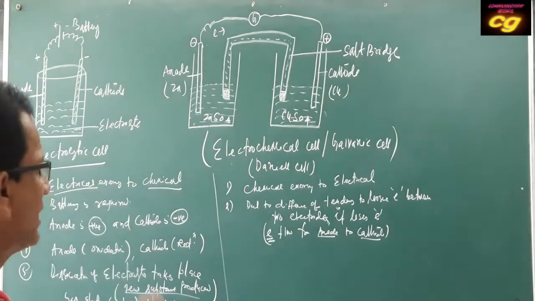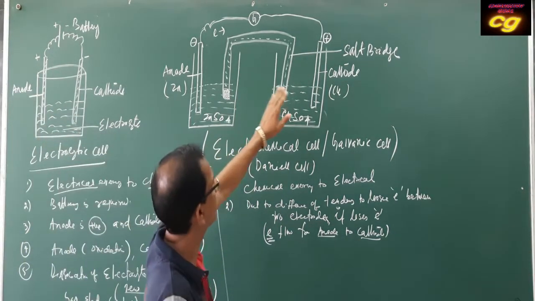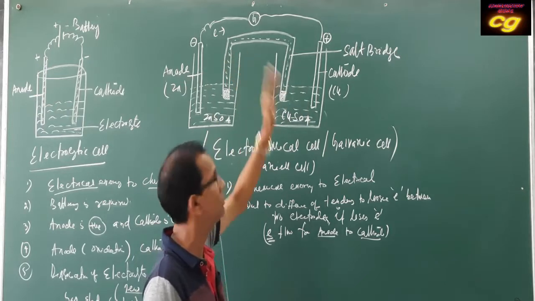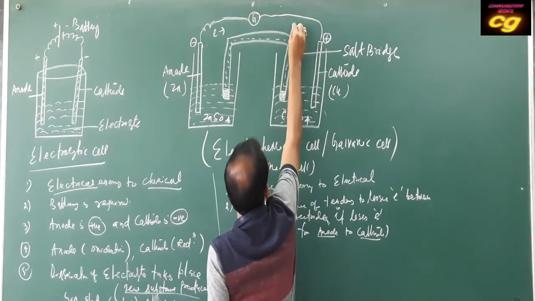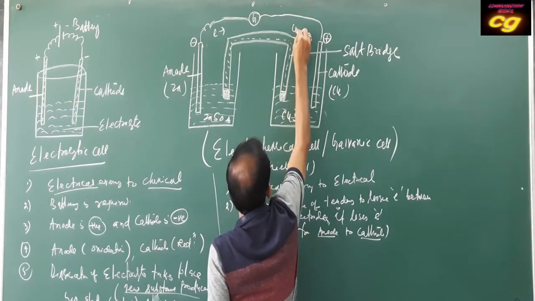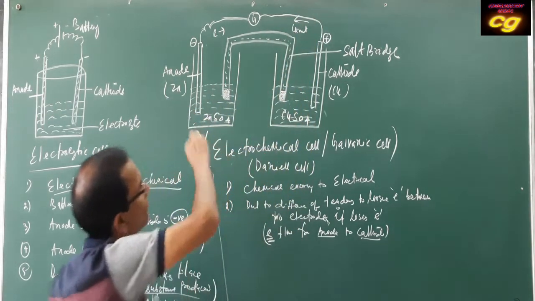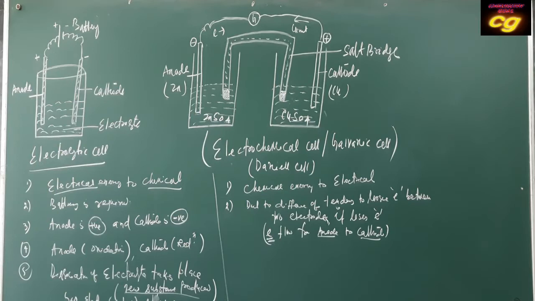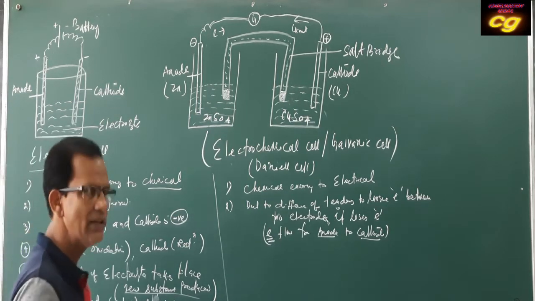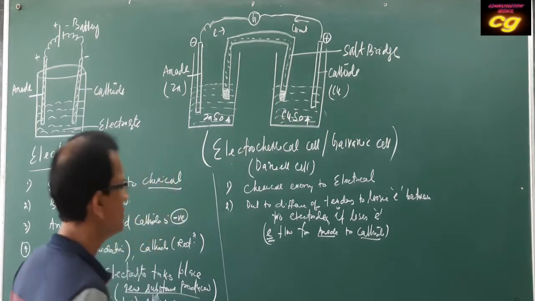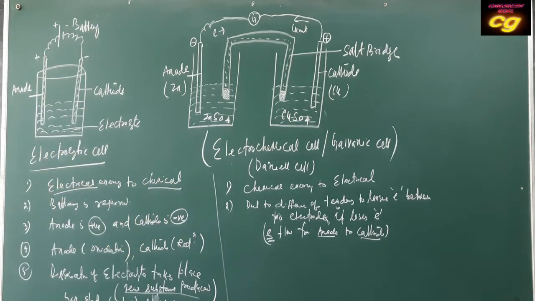And you know the sign convention is that current flows from copper to zinc. This is the opposite. Current flows from copper to zinc and electrons flow from zinc to copper. This is the sign convention. Due to this difference in tendency to lose electrons, zinc loses electrons and copper accepts them.